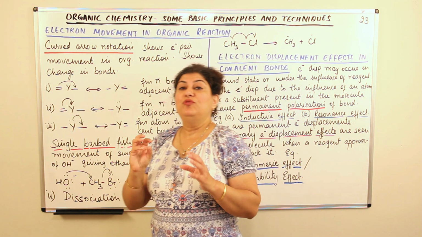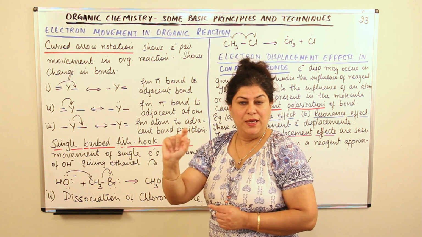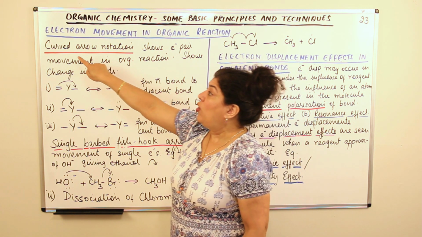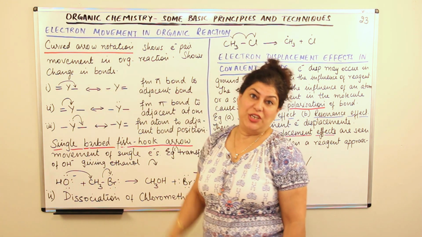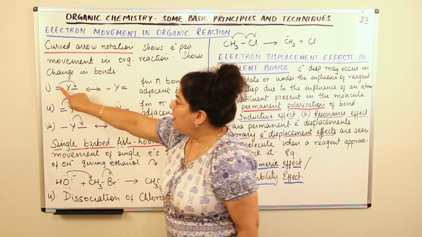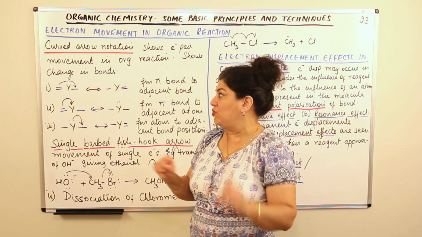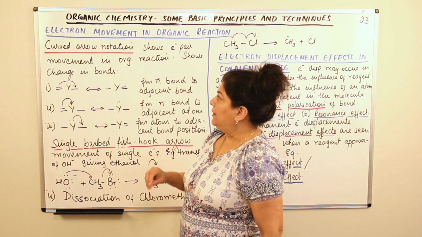When you show the movement of a pair of electrons, we use a curved arrow, and we call it the curved arrow notation. So what do we do in a curved arrow notation? A curved arrow shows the movement of two electrons, that is one pair of electrons, from one position to the other.